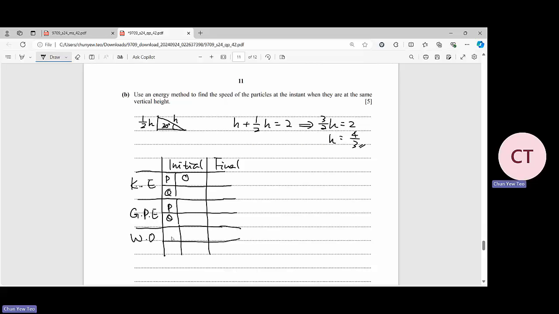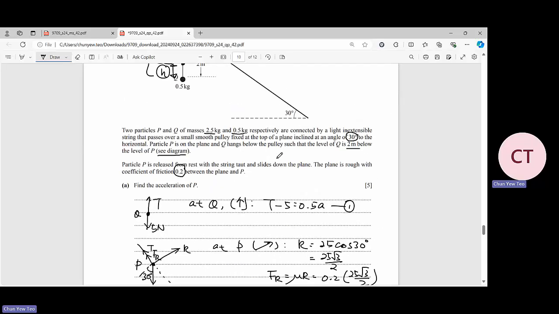So at the beginning, initially the P doesn't have any KE. Same thing goes for the Q, but at the end both have kinetic energy, because they mentioned that they are released from rest.